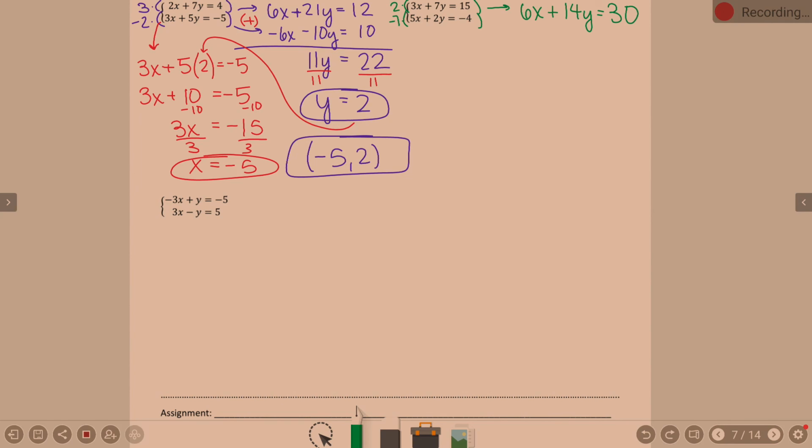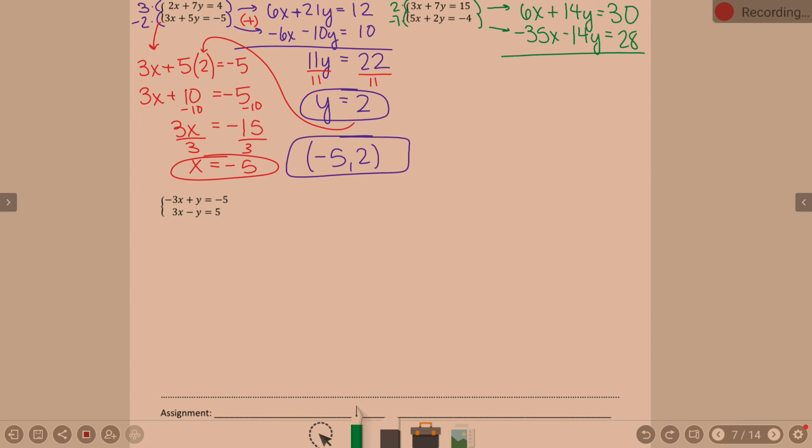6x plus 14y equals 30. In the bottom, we multiply by negative 7. Negative 35x minus 14y equals 28.